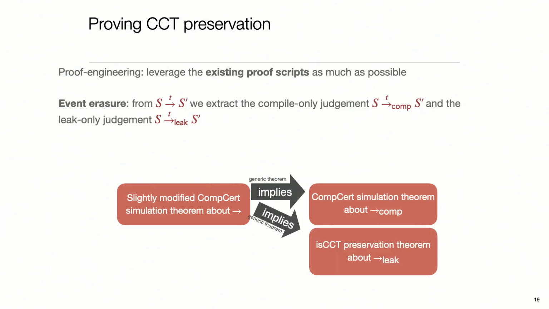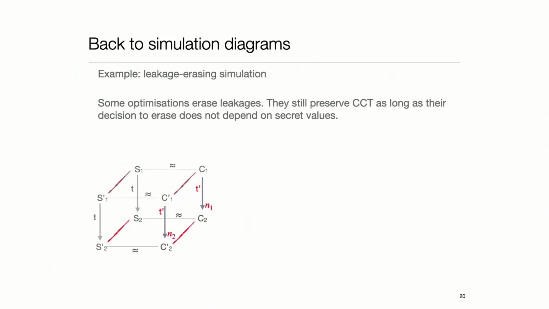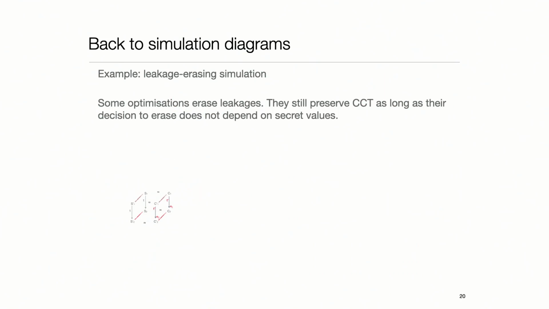In the same way, we have a similar theorem that we proved only once, and that states that our slightly modified CompCert proof implies the proof of the cryptographic constant-time property. So in the end, we were able to reuse the simulation techniques of CompCert instead of these complex cube diagram techniques. So let's look at an example where we had to generalize a simulation diagram.